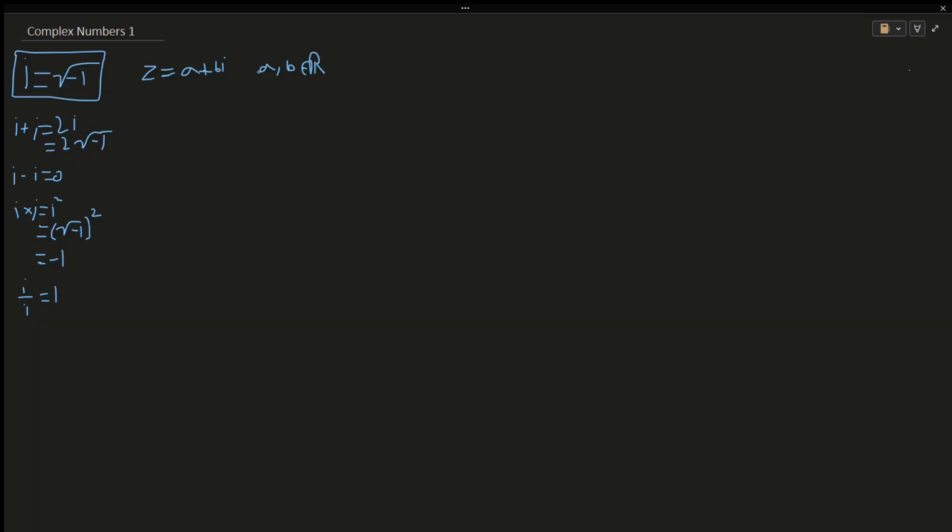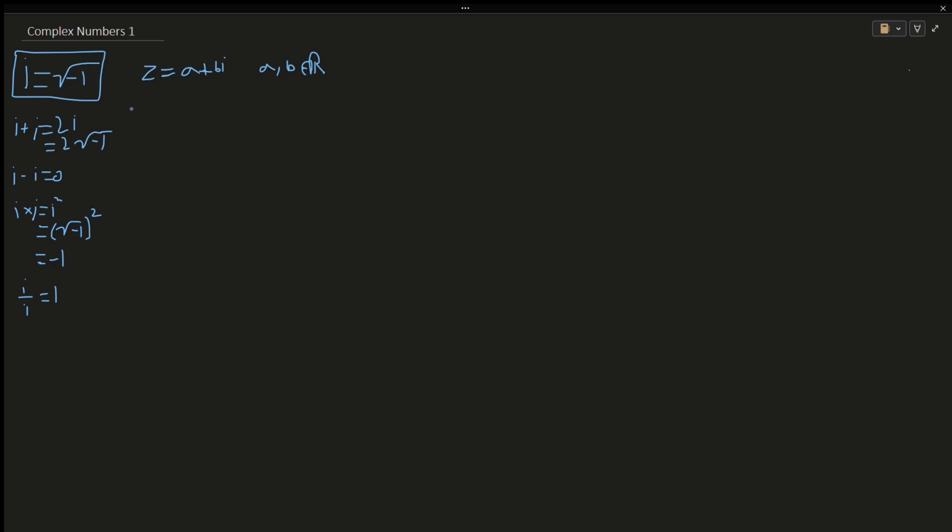So a and b are real numbers, right? This again can follow a lot of the basic operations. However, you have to make sure that in these operations the like terms are together.